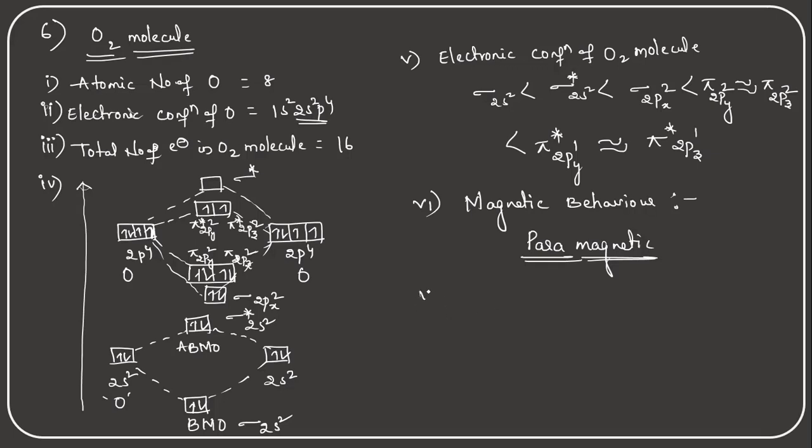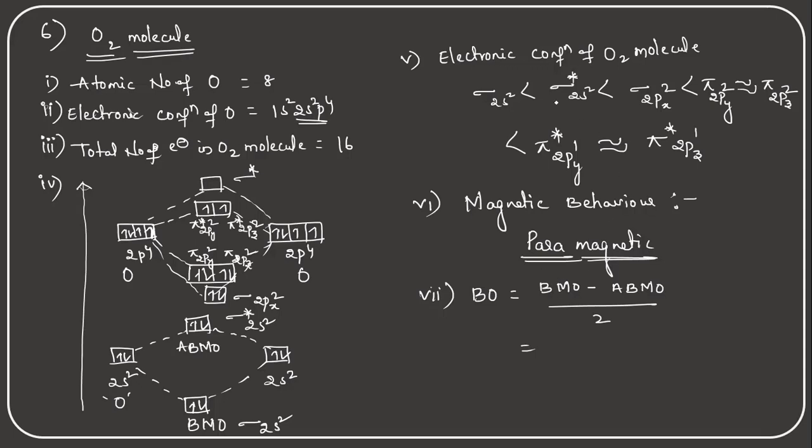And then the next one, the seventh point, is the bond order. So what is the bond order? The number of electrons present in the bonding molecular orbitals minus the number of electrons present in the anti-bonding molecular orbitals, divided by 2.